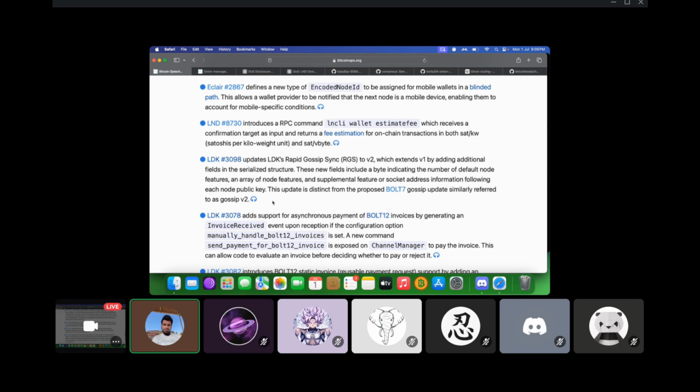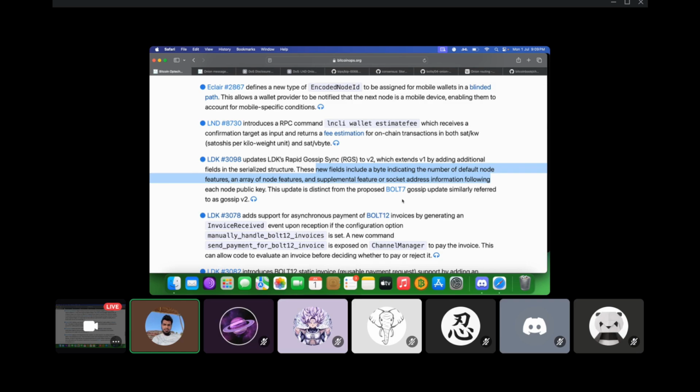So now a new version of RGS has come. When it shares information with the nodes that query it about the Lightning graph network, it shares specific information which allows more features like Lightning Bolt 12 invoices, etc. These new fields that it shares include a byte indicating the number of default nodes, an array of node features, and a supplemental feature of socket address.